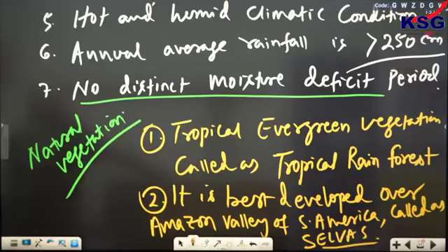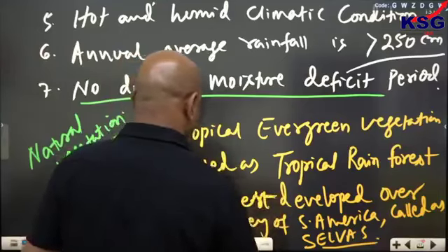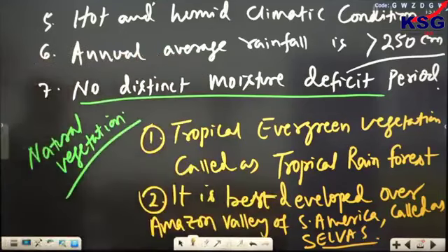It is best developed over South America, Amazon River Valley, and it is called as Selvas there. Primarily here it is called as the Selvas.